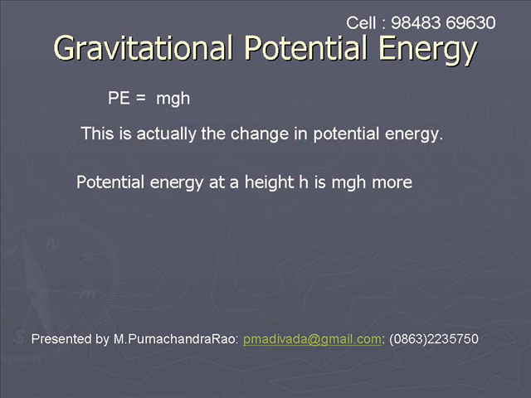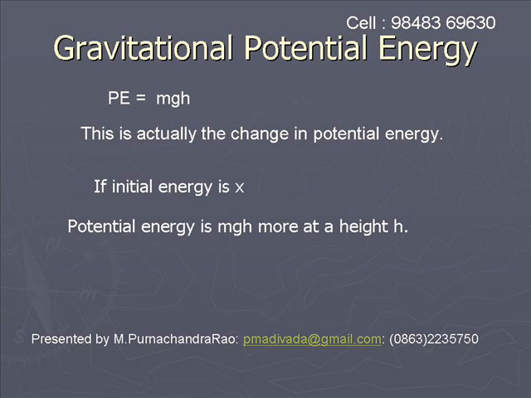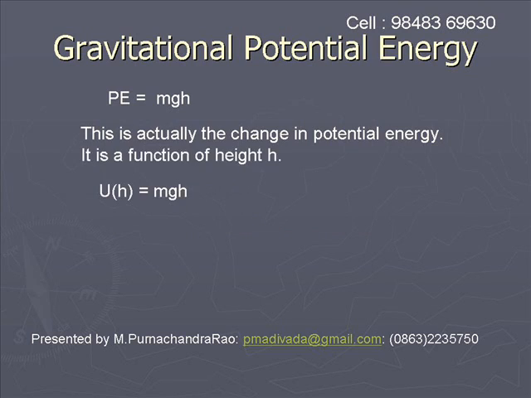From the original position to the next position, the change in energy is mgh. We should not understand it as though the initial energy is 0 and final energy is mgh. Whatever may be the initial energy, the final energy will be mgh more than the initial energy. Like this we have to understand.